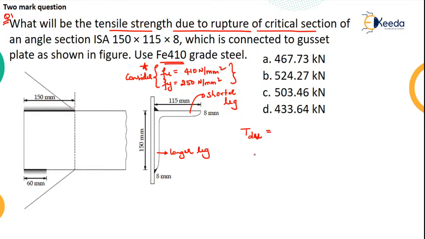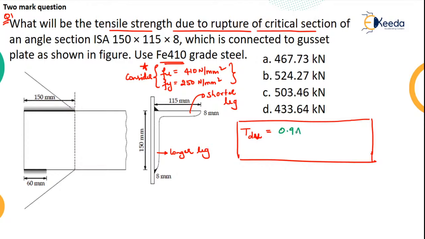Let us first write the formula so that we will come to know what all elements have to be calculated in order to substitute in the formula. Okay, so what is it? This is equal to 0.9 Anc Fu by gamma m1 plus beta Ag naught Fu whole divided by gamma m naught.